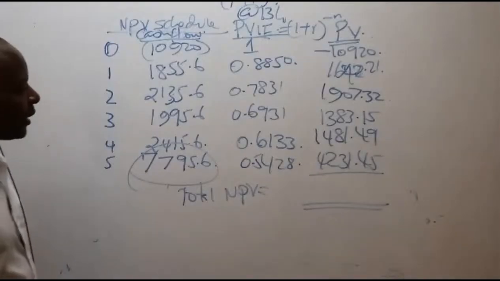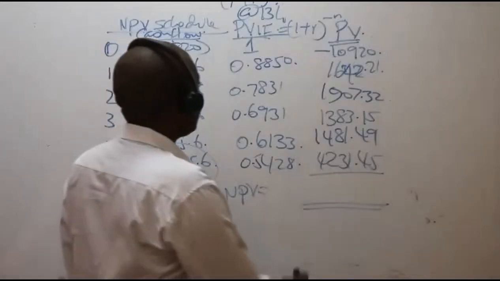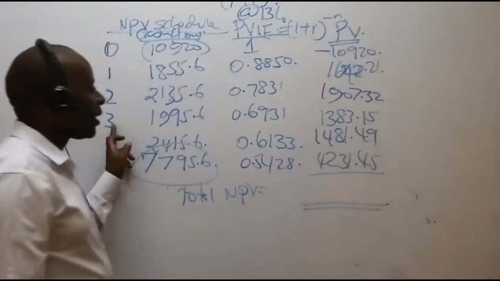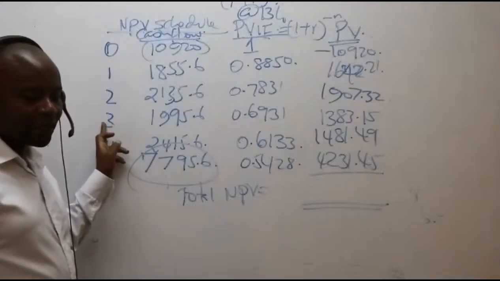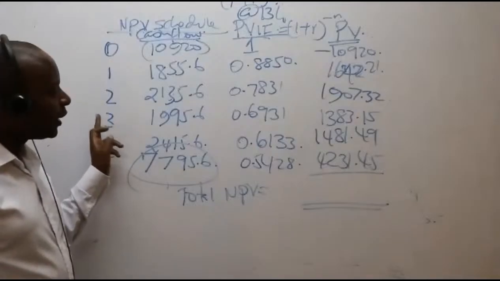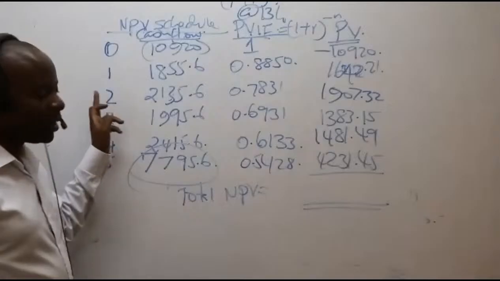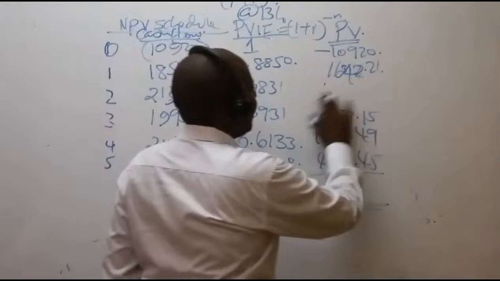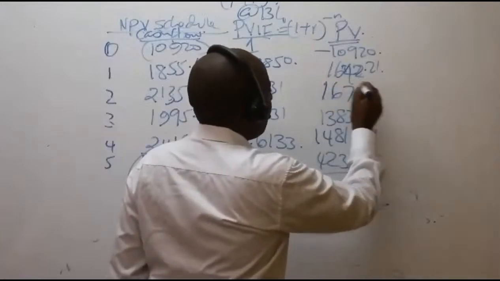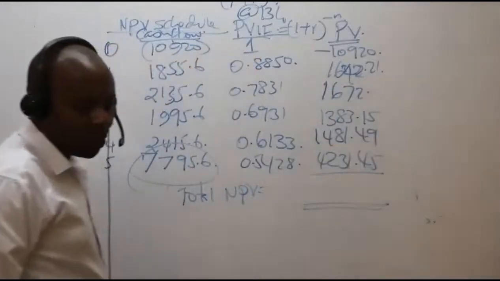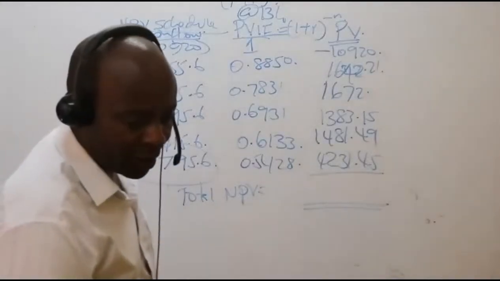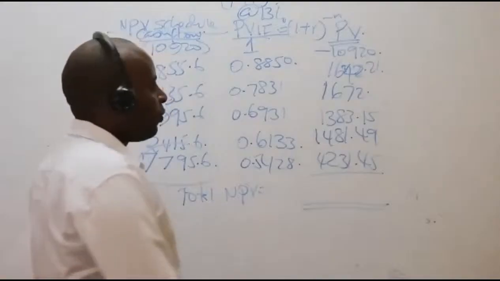Third figure is supposed to be 1670. Now, are we talking of the third year or second year? Year 2 is supposed to be 1672.39. Thank you very much.